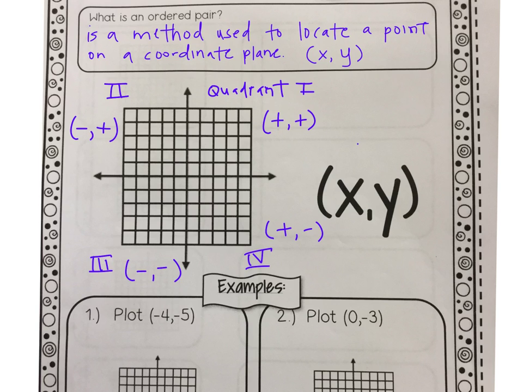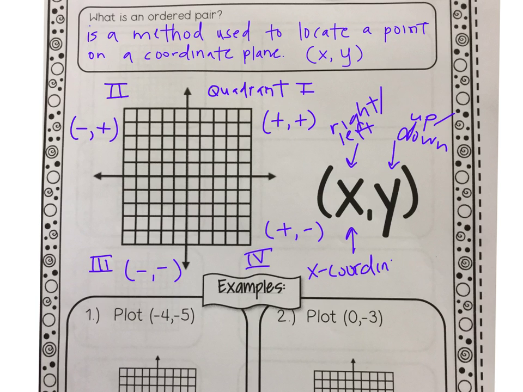When I look at my X and my Y coordinates, the X goes right or left, and the Y goes up or down. This is the X coordinate. That is the Y coordinate.